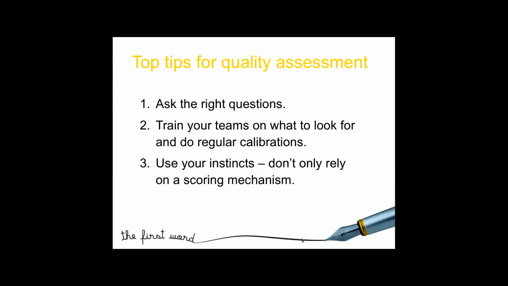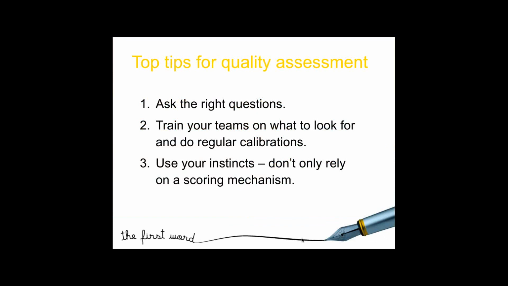That way you don't get someone who's being really harsh and someone who's being really positive. What we tend to do when we read something like a live chat or email or any writing really is see what's wrong with it rather than what's right. So it's easy for us to over-criticize things. So do regular calibrations, and make sure your quality team is all looking at things in the same way.